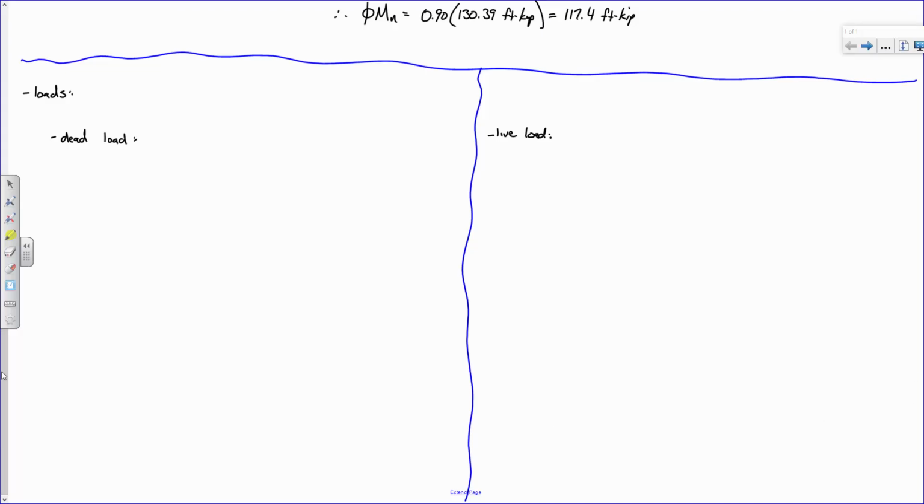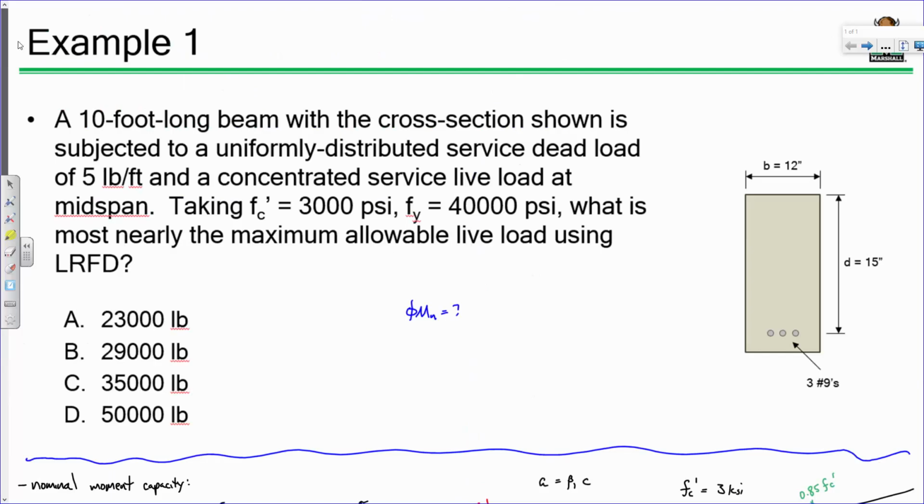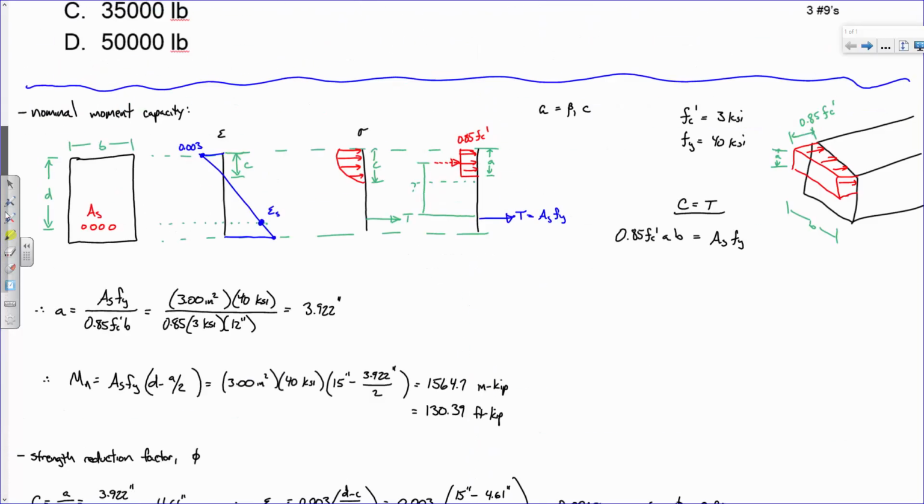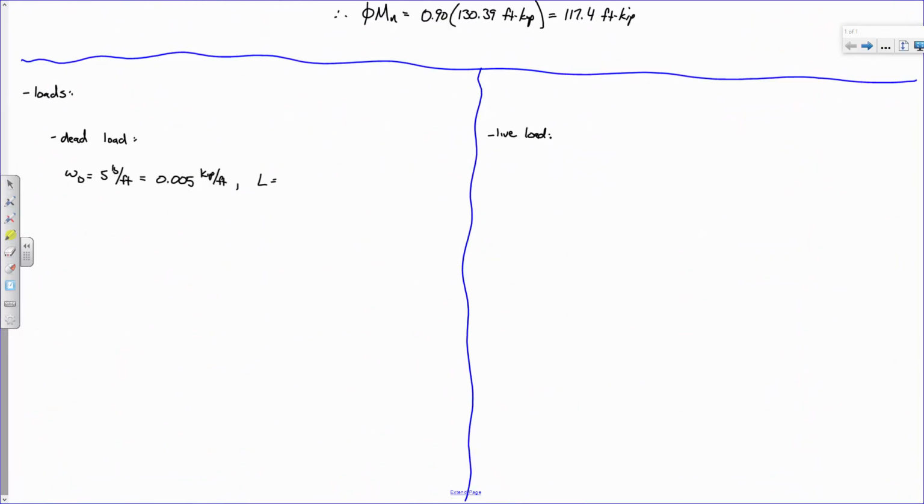So we have a distributed dead load of 5 pounds per foot, or 0.005 kips per foot. And the length of this beam is, hold on, 10 feet.